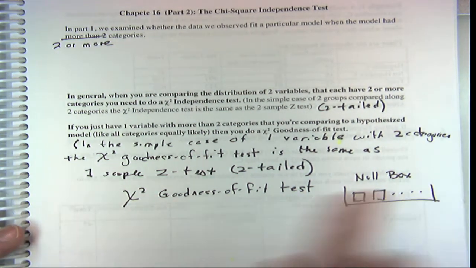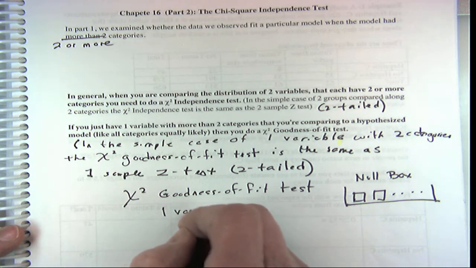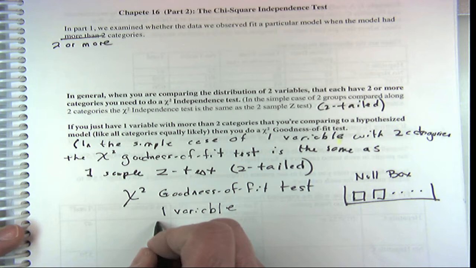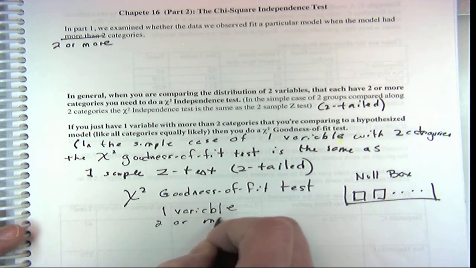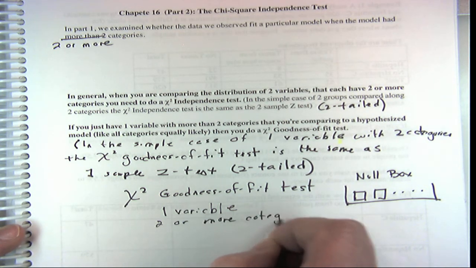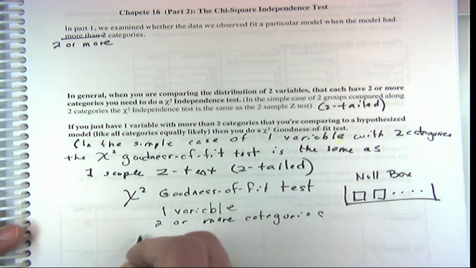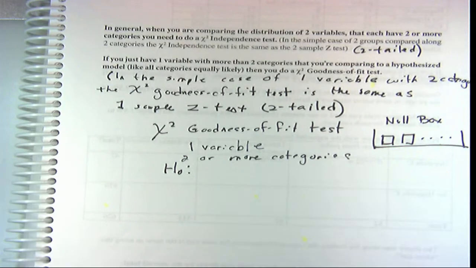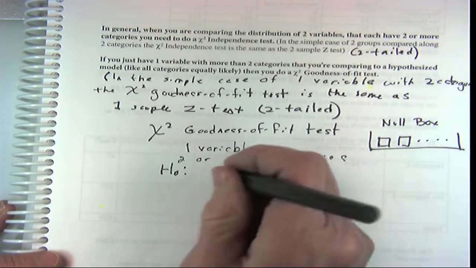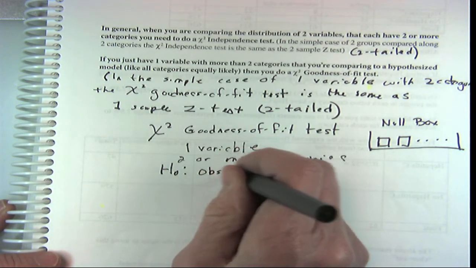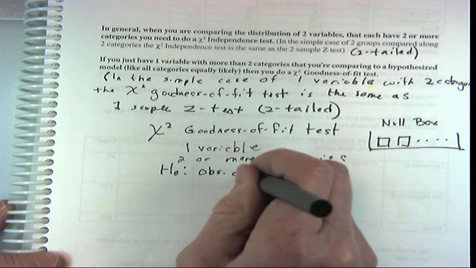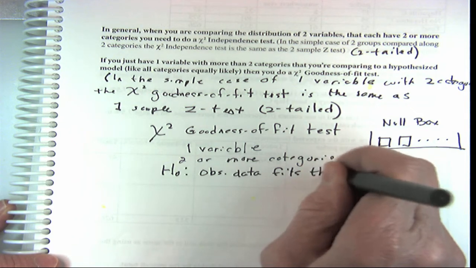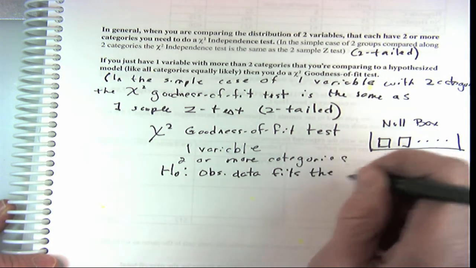We have just one box here, one variable. We're just comparing one thing like religion, and we have 2 or more categories. And our null is that our observed data, our counts, fit the expected model. Observed minus expected is not too big.